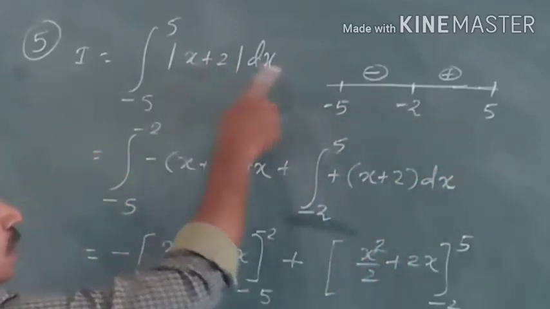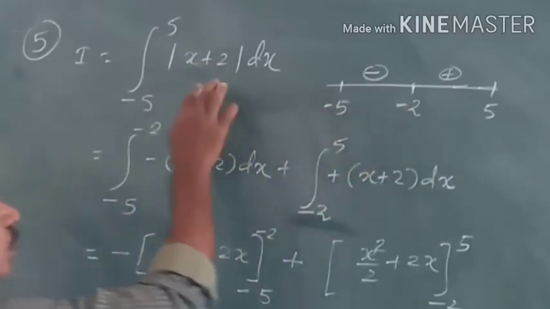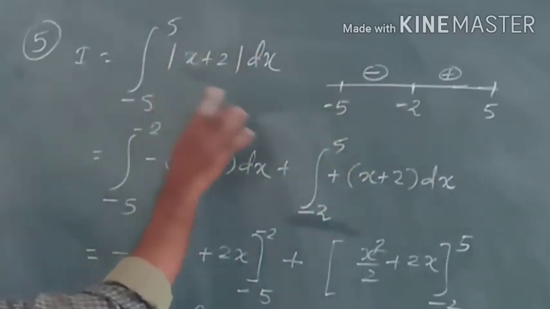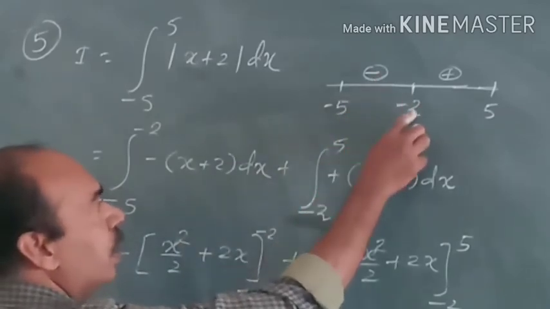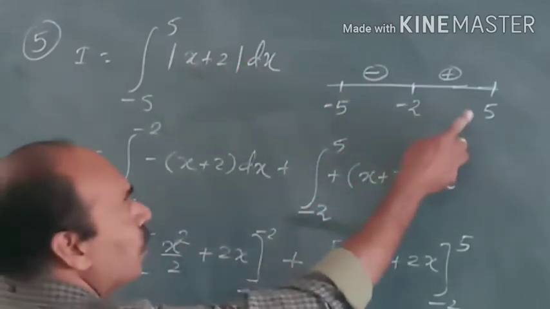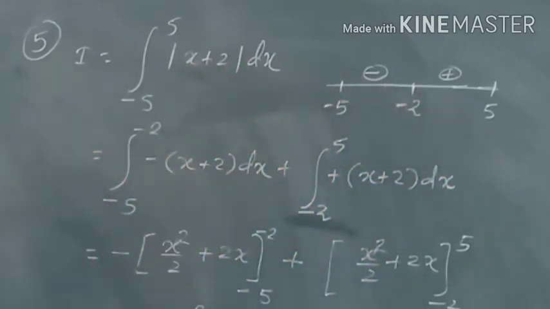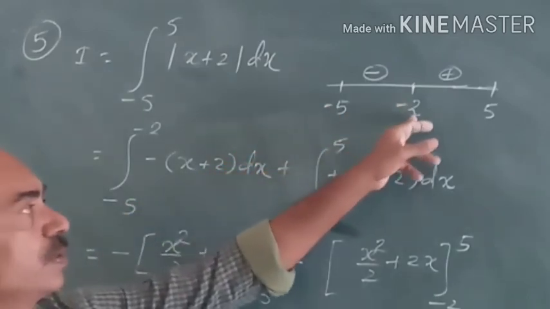At x equal to minus 2 it will be 0. If x is less than minus 2, the value of this function will be negative. So from minus 5 to minus 2 it will be negative, and if it is greater than minus 2 then it will be positive. So we will break this limit into minus 5 to minus 2 and minus 2 to plus 5.